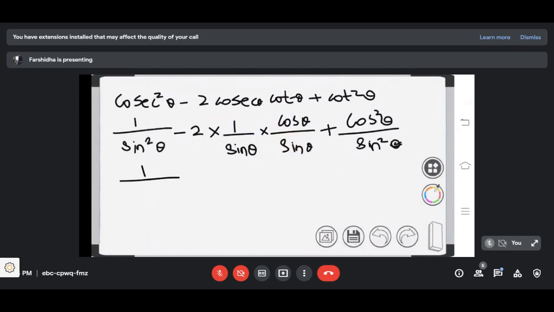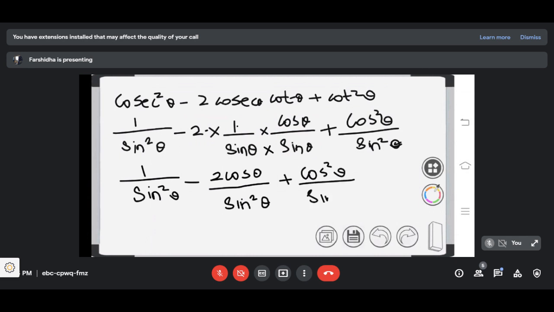In the next step, write 1 by sine square theta minus 2 cos theta by sine square theta plus cos square theta by sine square theta. So now I have written these three terms together as 2 cos theta by sine square theta.